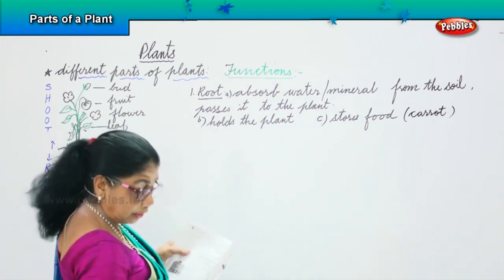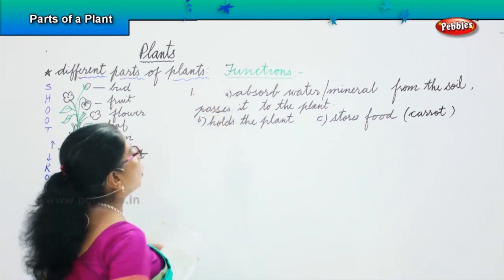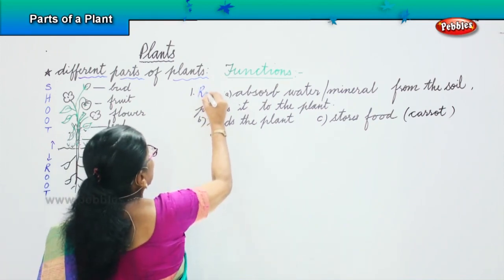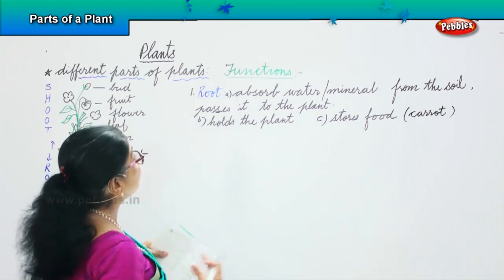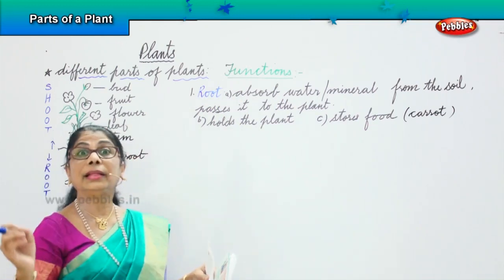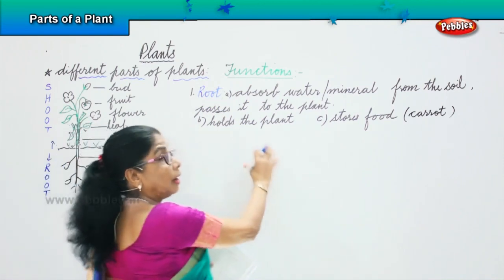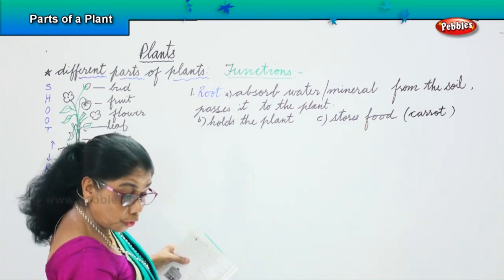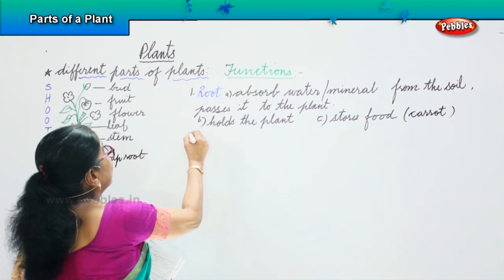The first function of a root is to absorb water and mineral salts from the soil. Second, to pass it on to the plant. Next, the root holds the plant firmly to the soil, and next, it stores food in the root.